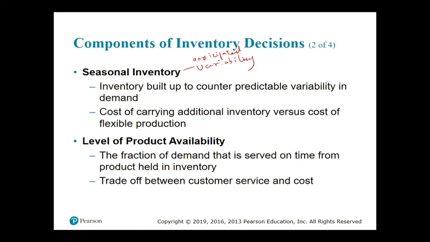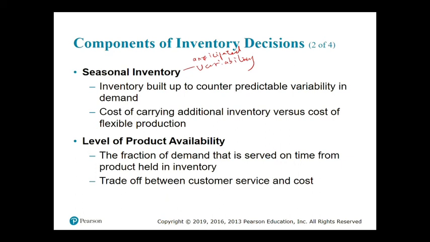So an additional factor that affects the level of inventory for basically any of these categories is the desired level of product availability. So this is what we call service level.